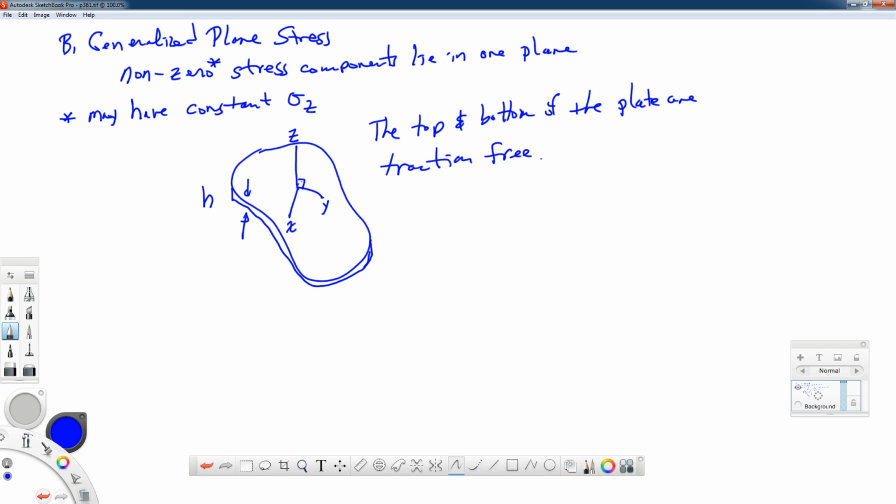The other stresses we're going to assume are symmetrically distributed about the middle surface of the plate. So if I were to zoom in on this portion maybe of the plate, there would be my thickness h. I will draw the middle surface of the plate in here as a dashed line.